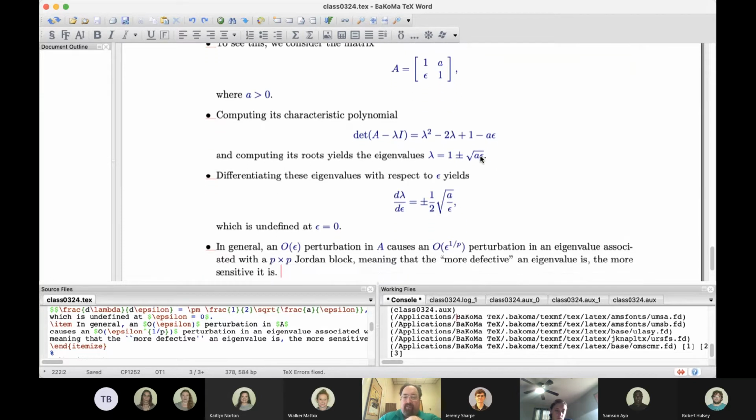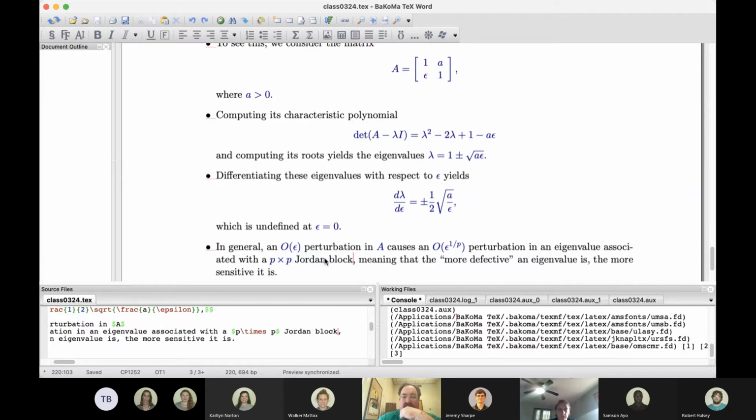But what we see from here is, again, it's a lower order of epsilon. And remember, for something that's small like epsilon, it's a small number. You take a power of it less than 1, it increases. So in general, if an eigenvalue is repeated and is associated with a p by p Jordan block, then if you change A by order epsilon, you change the eigenvalue by epsilon to the 1 over p.